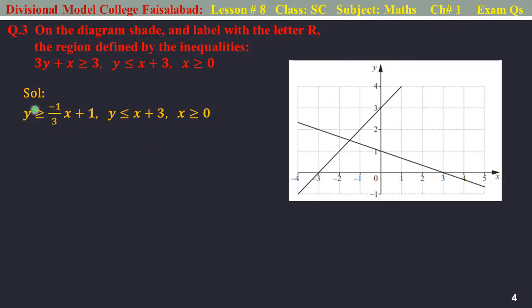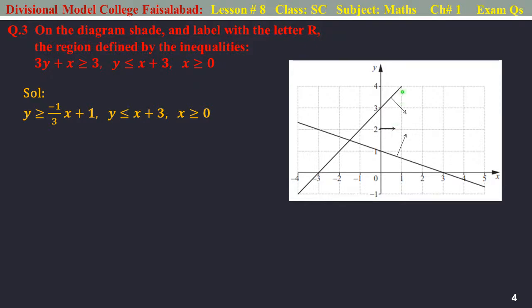The graph of this inequality is this, so the region above this line is the defined region. For this inequality there is a less than or equal to sign. The graph of this inequality is this, so the region below this line is the defined region. And this is x greater than or equal to 0, because the graph of this is this, and the region on the right hand side is the defined region.